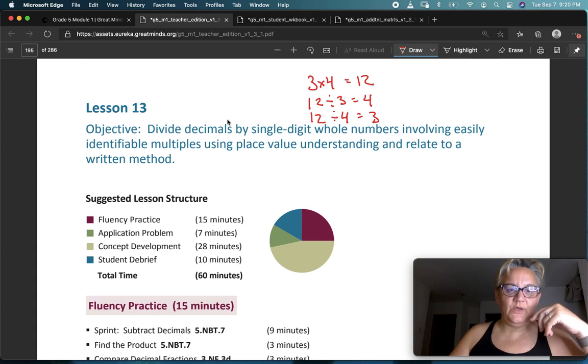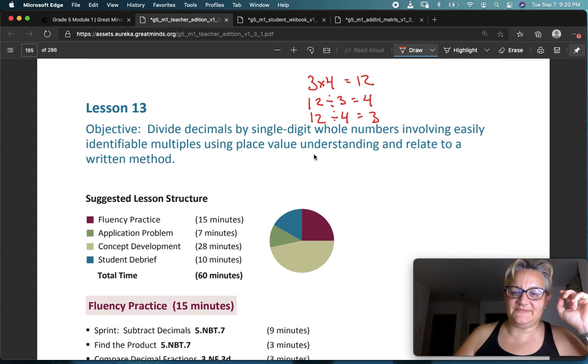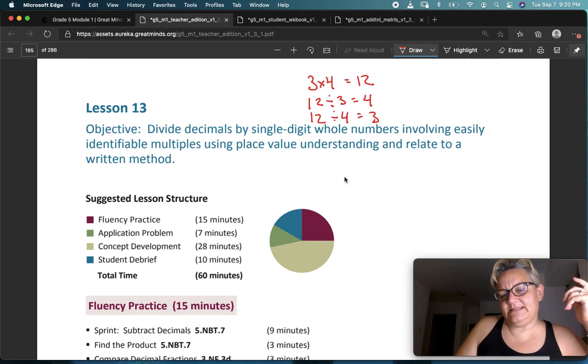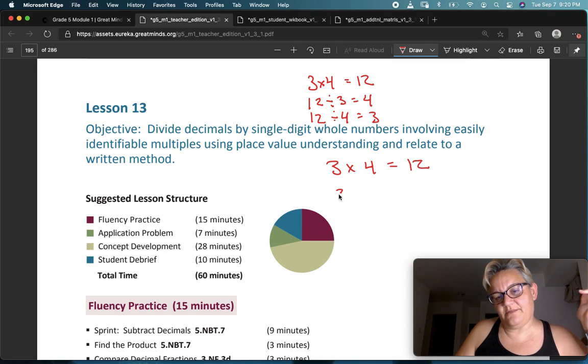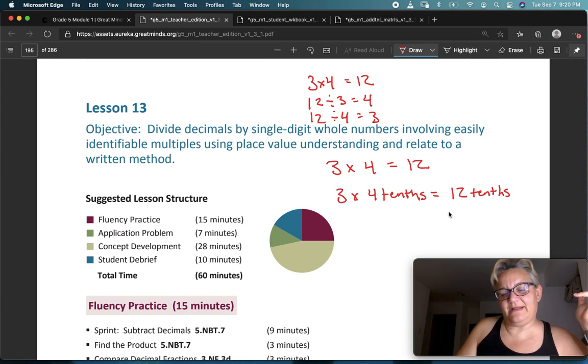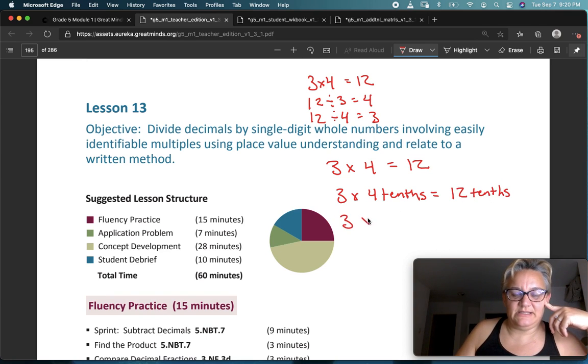So, when we divide using our place value understanding, that's like saying 3 times 4 equals 12, or 3 times 4/10 equals 12/10, okay? And how would I write that with decimals? I would say 3 times 4/10 equals 12/10.